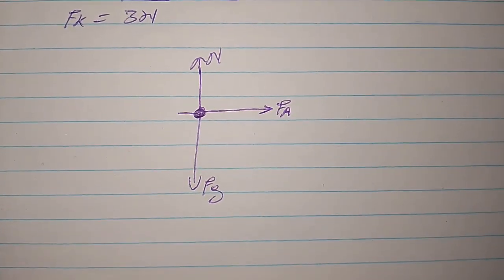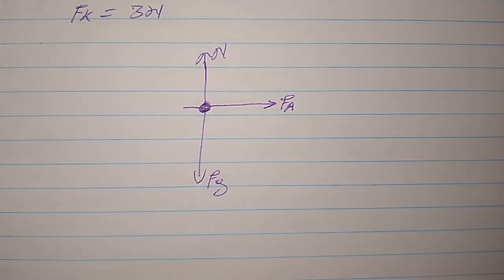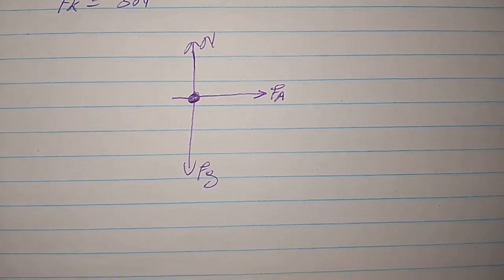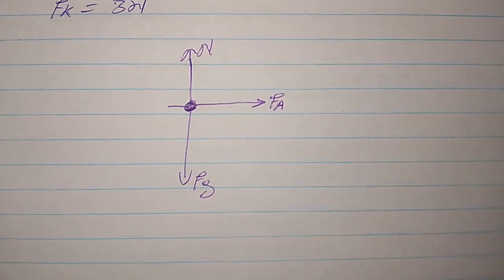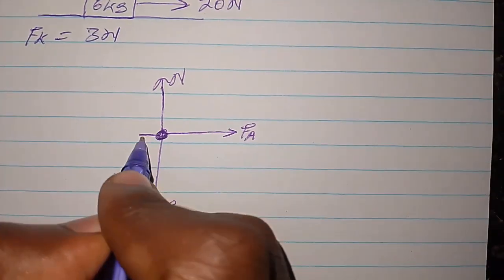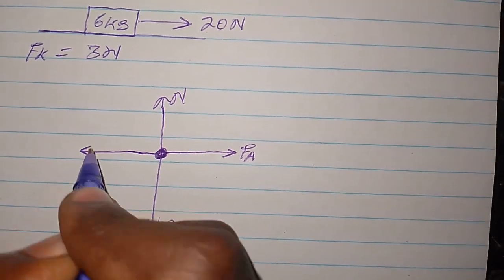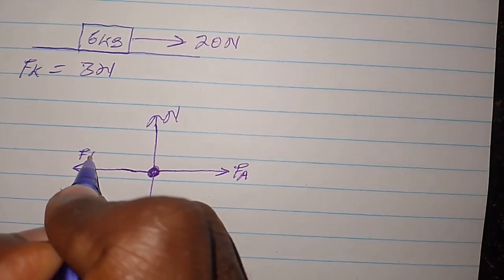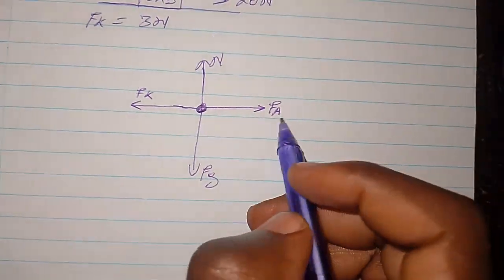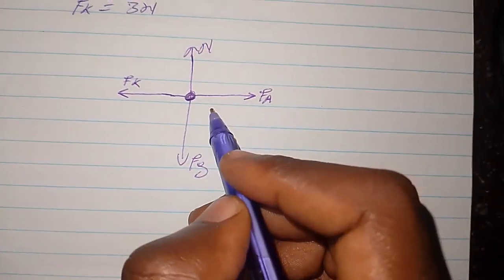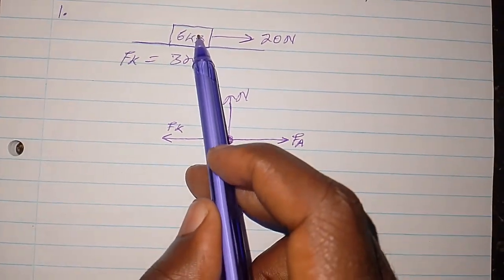It means that the vector of the frictional force will oppose the vector of the applied force, or the direction of the object or box. So it will point to the left. So this is our frictional force.